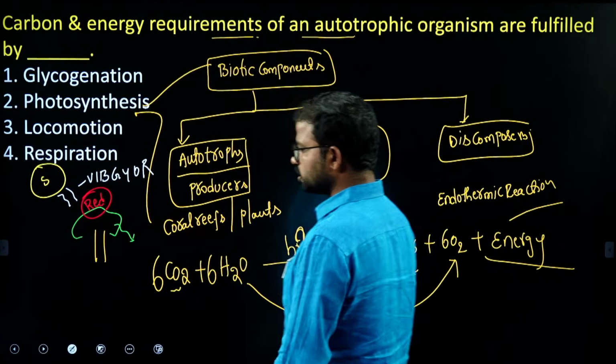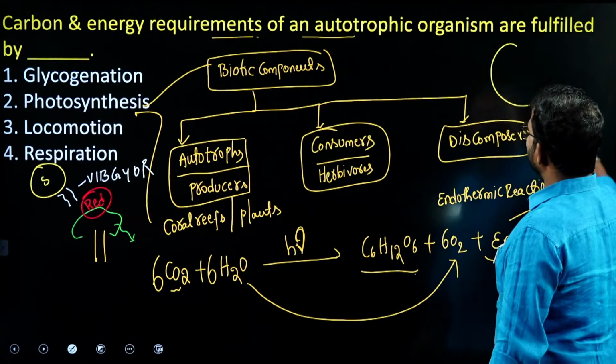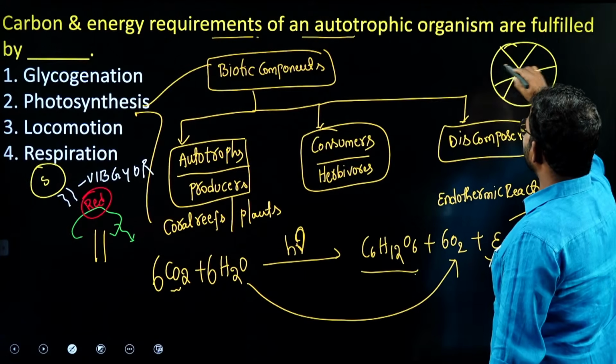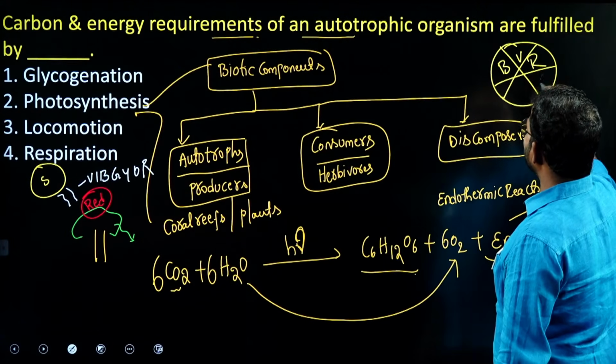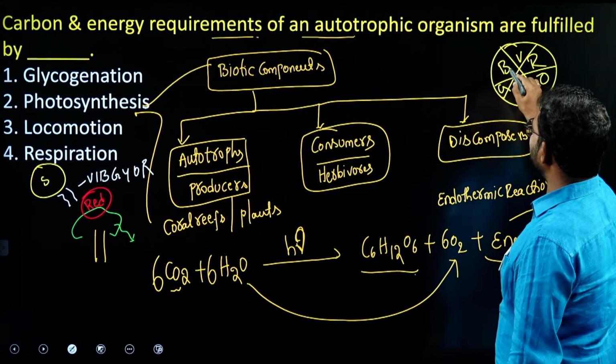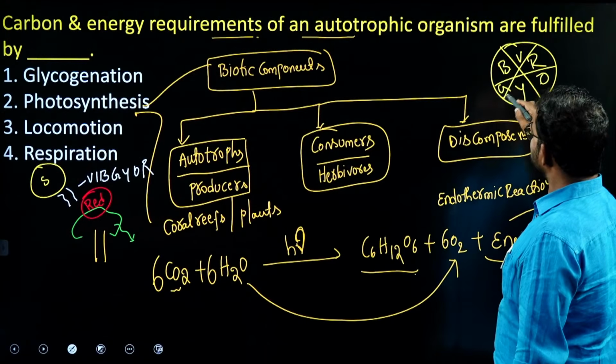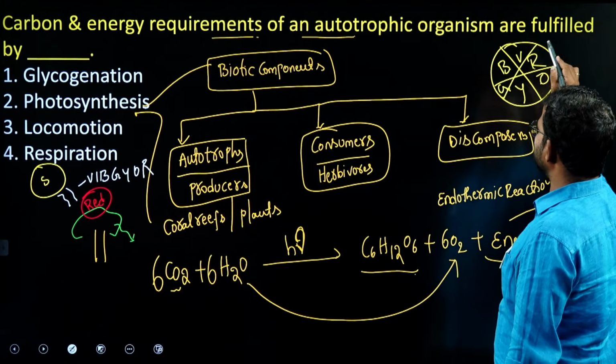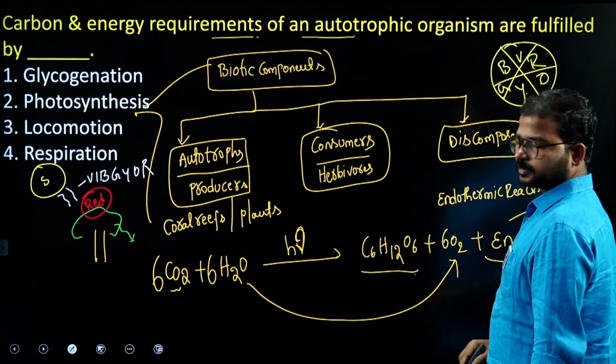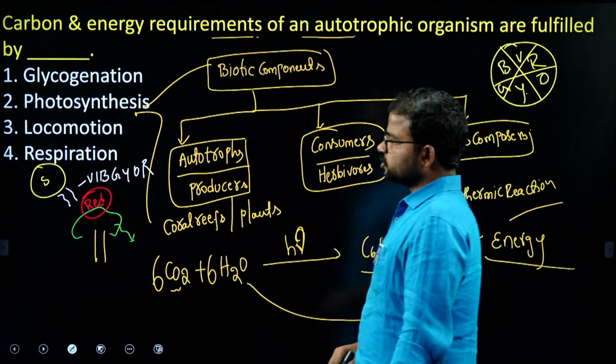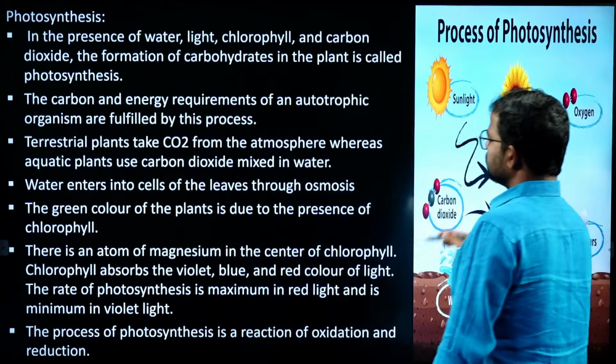The shortcut for that is BV Roy G. The complementary color of blue is orange, the complementary color of green is red, and of yellow is violet. You should remember that. So this is the concept.